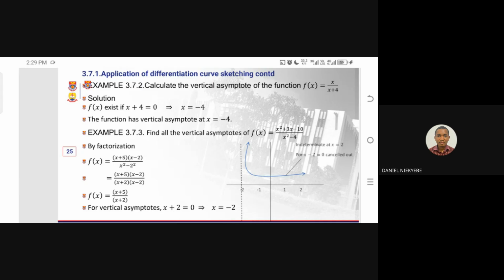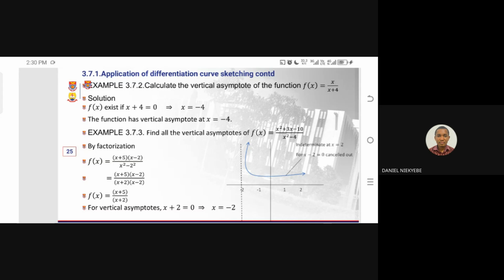Another example: find all the vertical asymptotes of the function x squared plus 3x minus 10 all over x squared minus 4. So for this particular one, what you do first is factorize. When you do your factorization, you realize that some terms will cancel out.